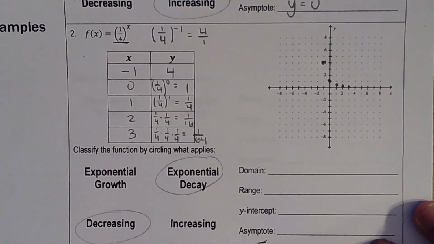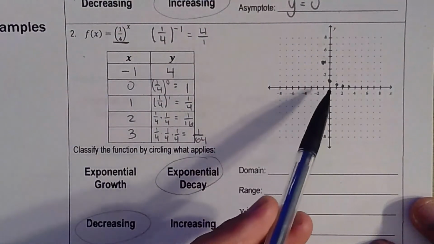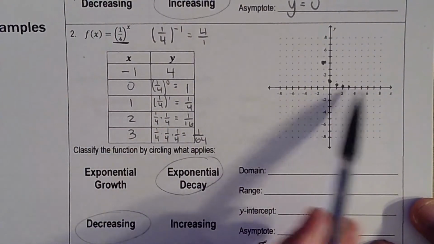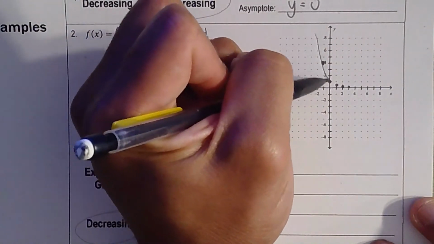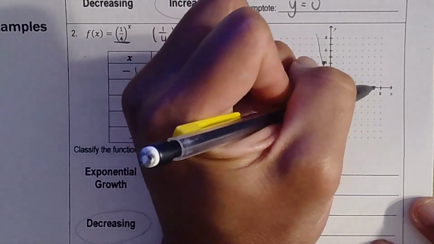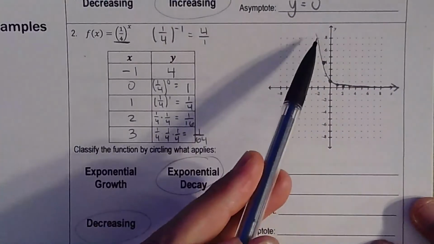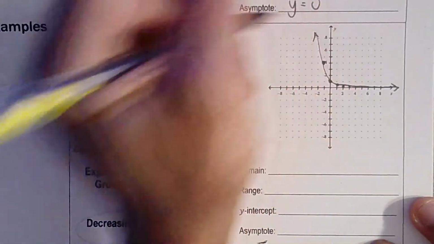But like I said before, I just need the general shape of our graph, which is going to look like this. As long as you have the y-intercept, that it's decreasing, and the asymptote, that's all you need. So let's connect these dots like this. And once again, as long as you know that it's exponentially decreasing, I just need the general shape of our graph. That's fine.